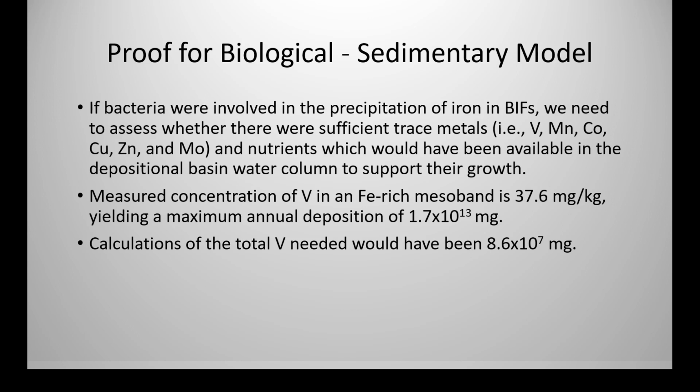If we measure these concentrations in recorded banded iron formations, we can find that we are having a much higher production of these different nutrients, including vanadium, than what would be needed in the actual varved mesoband. Therefore, we are having a higher amount than is needed. Therefore, it can be proven that there would have been enough nutrients in the water column to allow for these photosynthetic or anoxygenic reactions to occur.